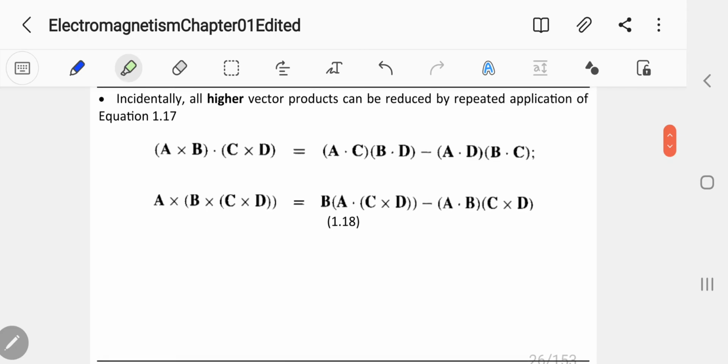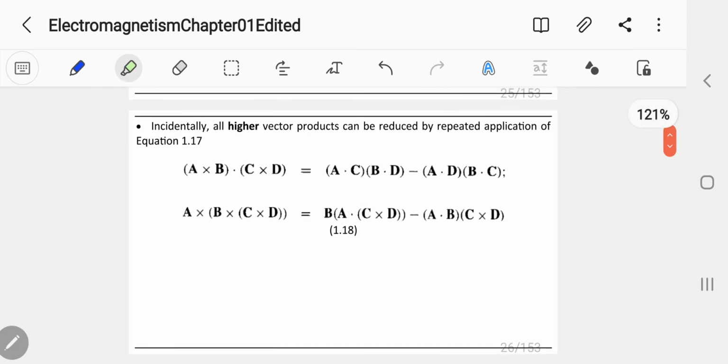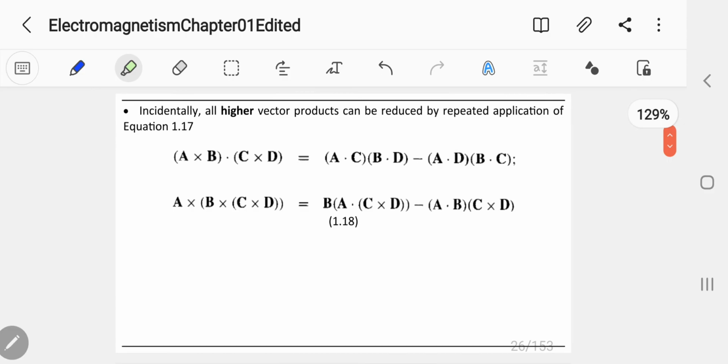Also, if you want to simplify some expressions, say for example this, you can use the rule also, and you will get this expression. And you can also simplify this into this one.